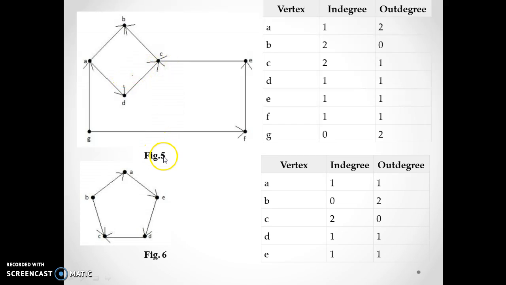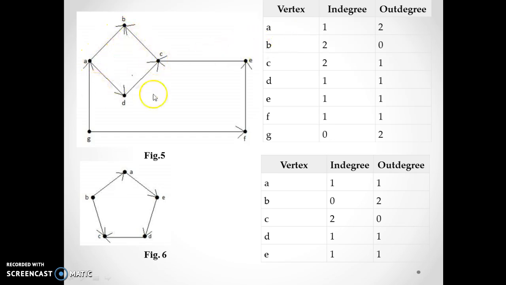So as shown in the figure 5, there are total 1, 2, 3, 4, 5, 6, 7, means A to G set of vertices are there, and there is an edge between A to B, B to C, C to D, D to A, etc. So these edges are unidirectional, and based on the direction arrow, they are either in degree or out degree.